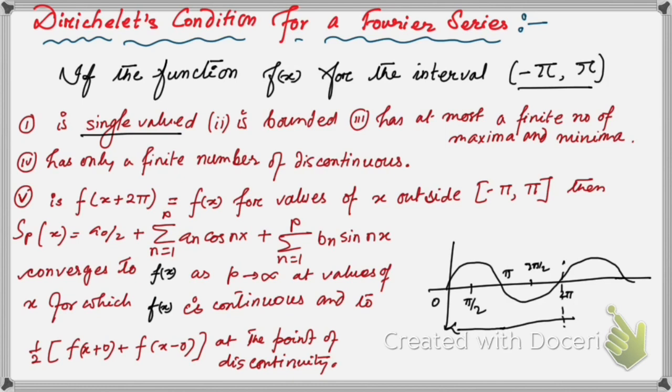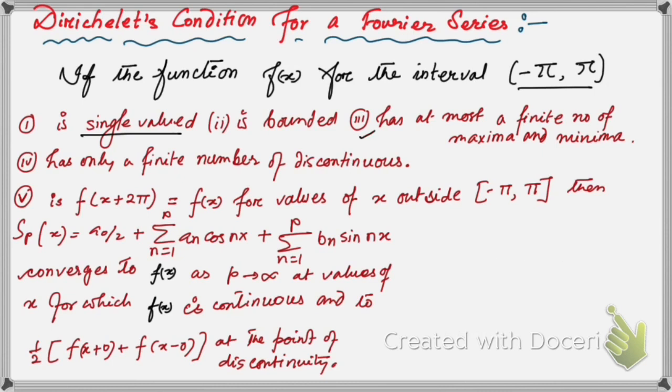Within this interval you can see you have a finite number of maxima and a finite number of minima. So that's what this third point means, and it has only a finite number of discontinuities. In the sine function there is no discontinuity, but if there is a discontinuity then it must be a finite number within this range.